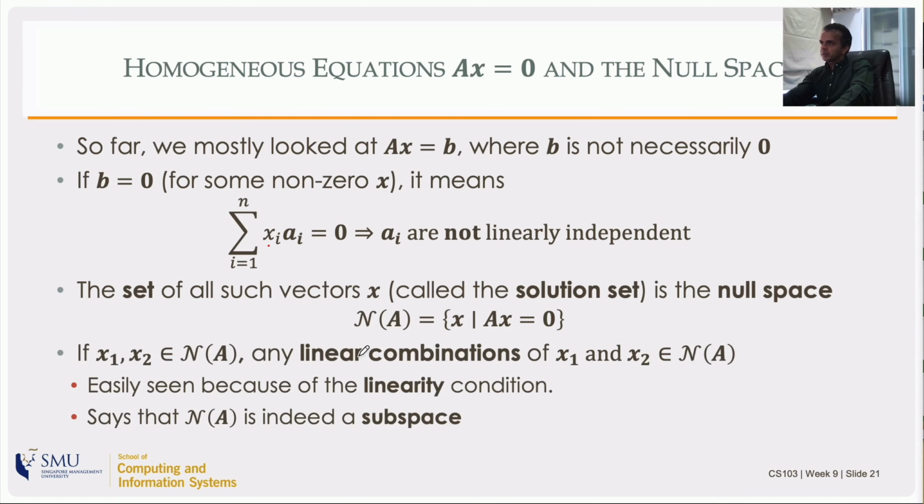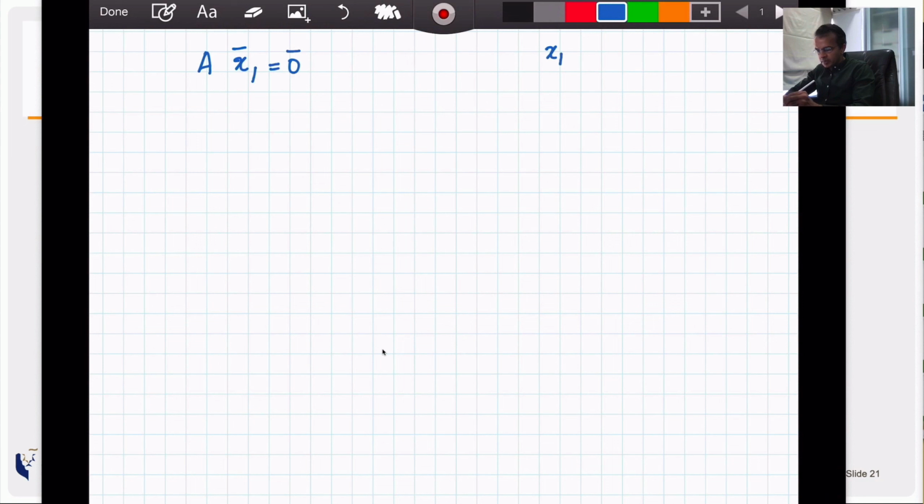Now, one thing to note is that if there are two such vectors in the null space, x1 such that Ax1 equal to 0 and x2 such that Ax2 equal to 0, then any linear combination of x1 and x2 will also be a part of the null space. I can multiply the first one by some scaling factor s1, the second one by some scaling factor s2.